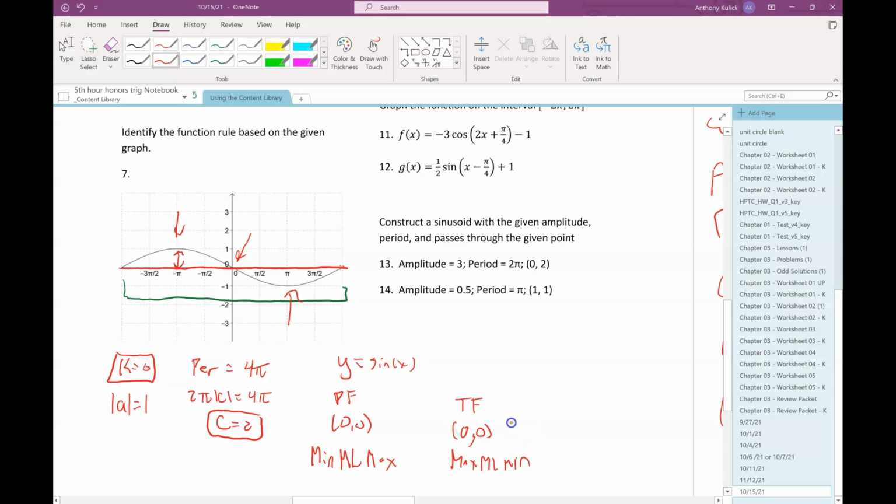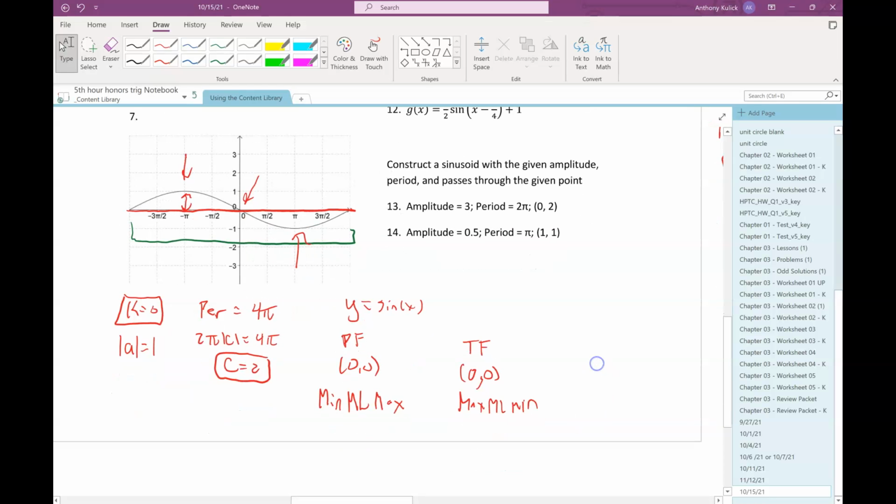You see that? Okay. So if I compare these, I know that the A value has to be positive or negative. Negative, because they're the opposite order.